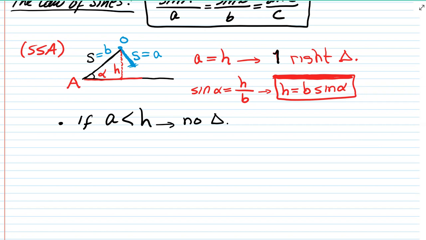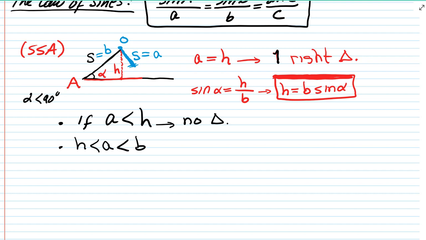Here, alpha is acute, okay? So alpha here is less than 90 degrees. Now, the case where alpha is acute and A exceeds H. Remember, if it's equal to H, you get one right triangle. If it's less than H, no triangle. What if it's bigger than H, but less than B?